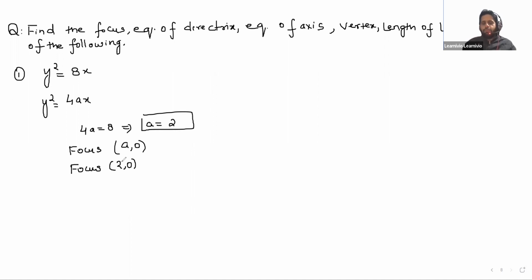Now Rutvika, for the first one, what is the equation of directrix? Please check the graph.